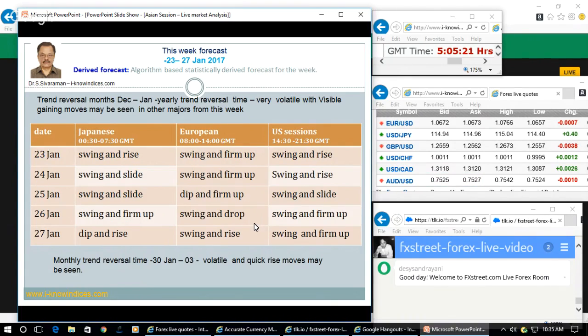Whenever you come across 10 trading days during the monthly trend reversal time, the moves will be optimal or moderate. But whenever the trend reversal is limited to 1 week, then they will be very aggressive. So you can watch carefully and trade accordingly during this time frame.